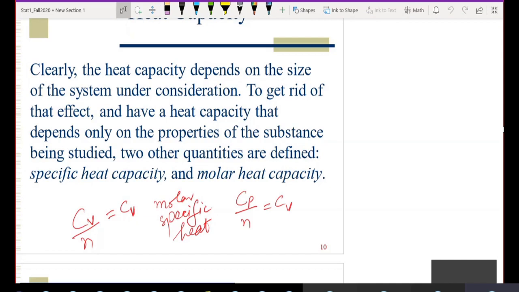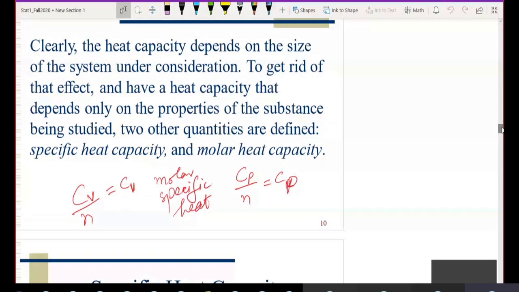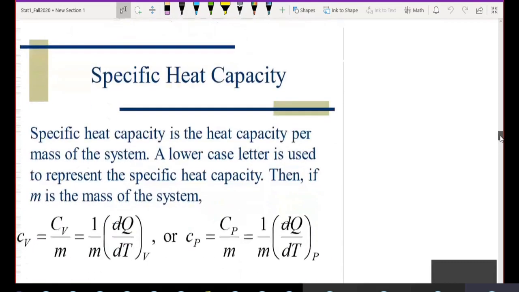Cp, molar specific heat at constant pressure. And again, the relationship always holds: Cp is always greater than Cv, whether it's molar or normal one.